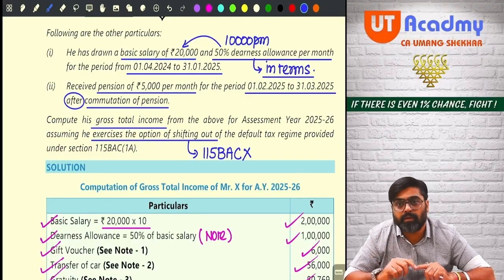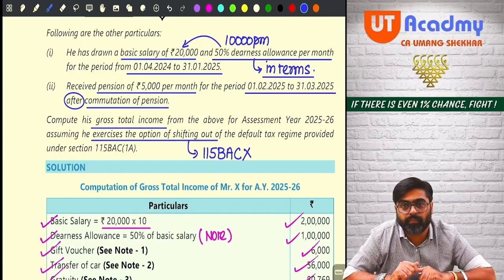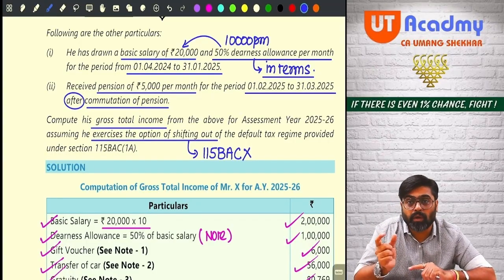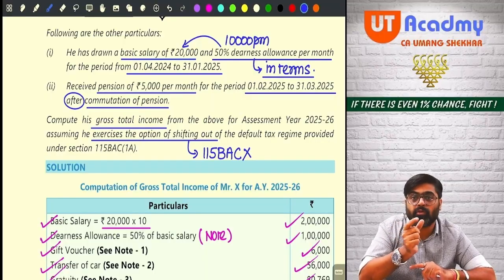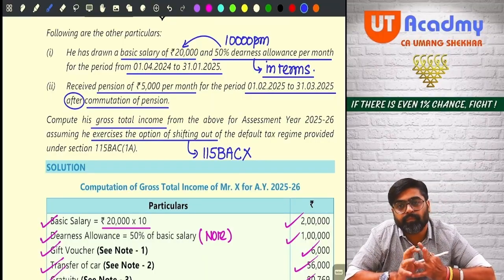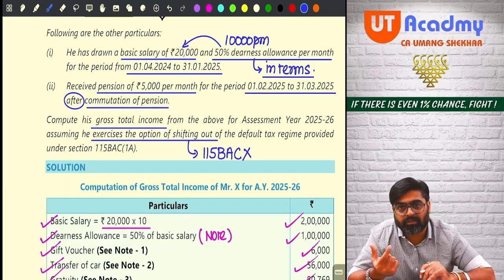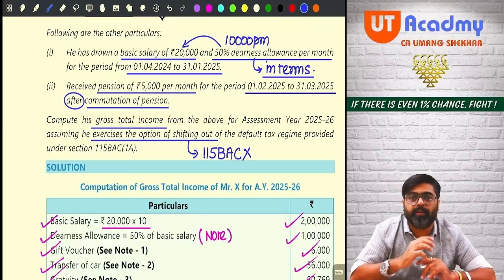is computed based on 30,000 per month salary, in the bracket write down 20,000 basic plus 10,000 DA.